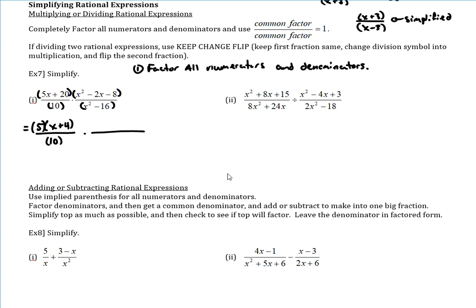Up above, x squared minus 2x minus 8. This is a trinomial that needs to factor. I'm going to do the scratch work way over here, and I might erase it afterwards in case we need to save room. So 1 times negative 8, and the factors of 8 are 1 and 8, and 2 and 4.